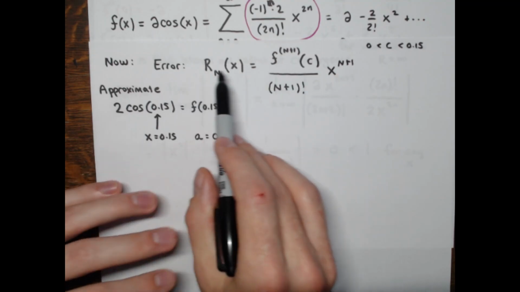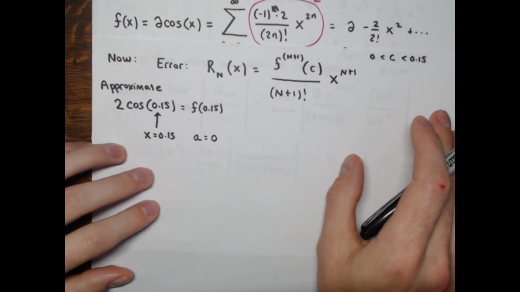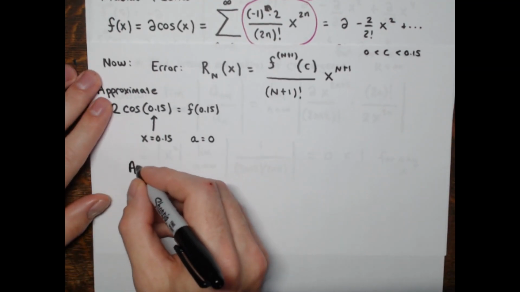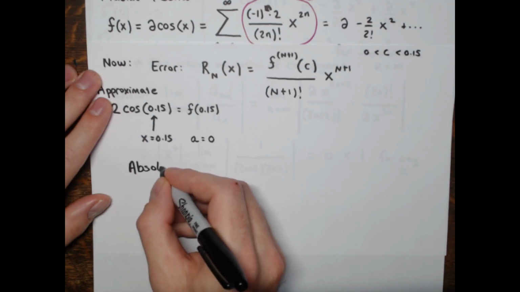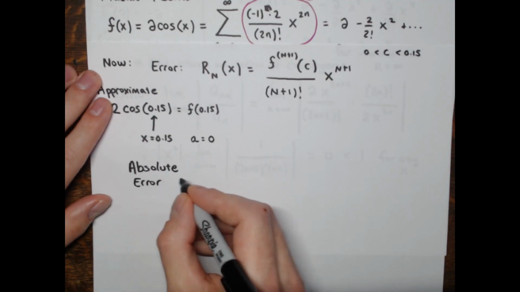Now let's look at the absolute error. How far off our estimate is from the actual value. So remember, the absolute error is just, again, how far off the estimate is from the actual value.